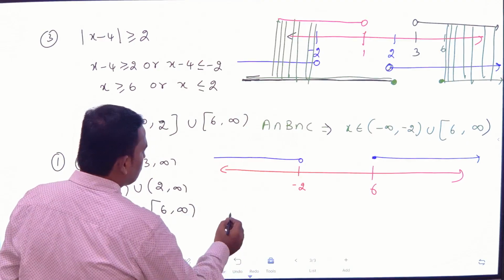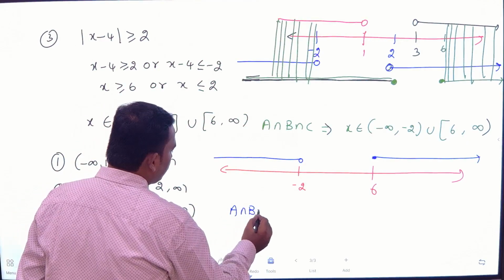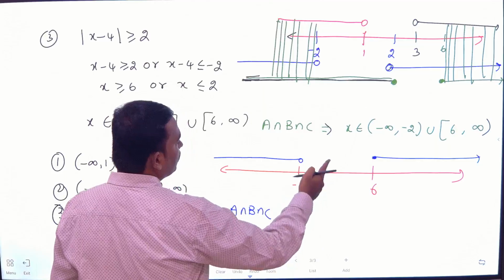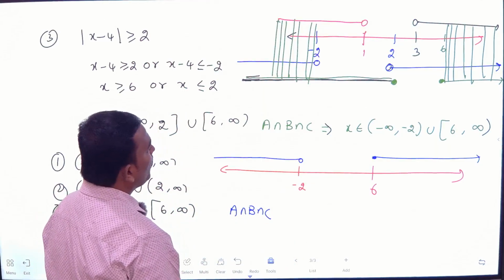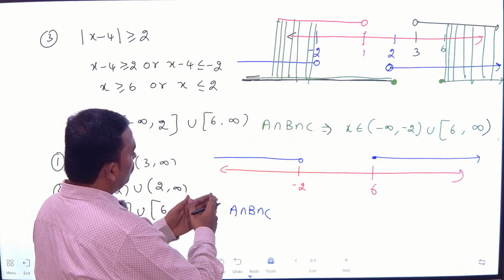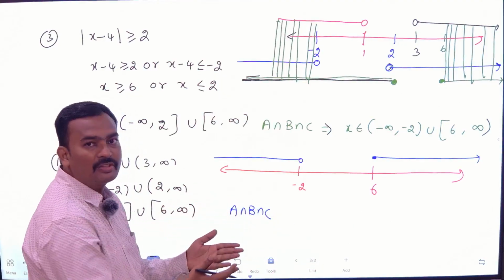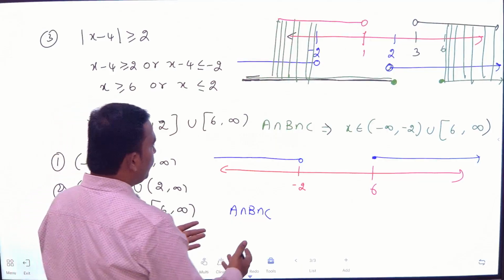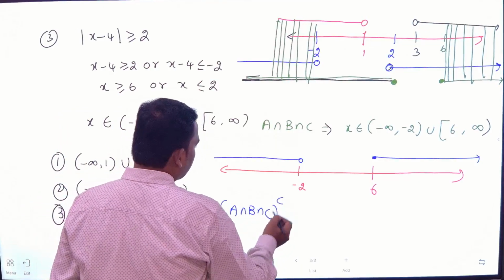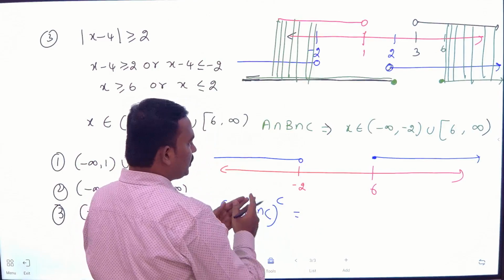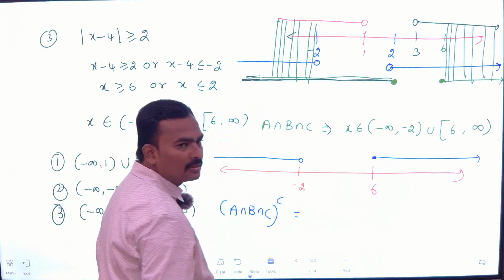What is the complement? A intersection B intersection C, this region, minus infinity to minus 2 union 6 to infinity, is your A intersection B intersection C. Okay, so you need to take the complement of this. What you can do is R minus the shaded part, the blue color.